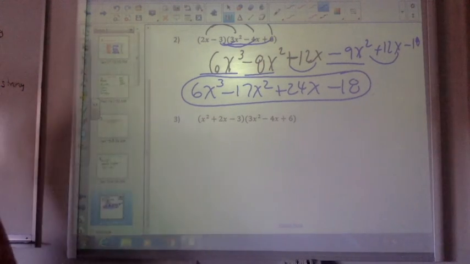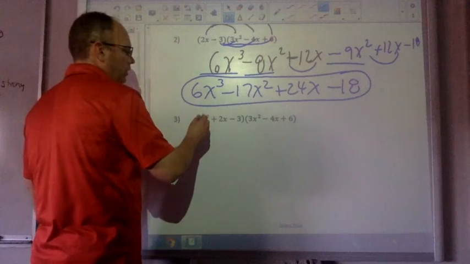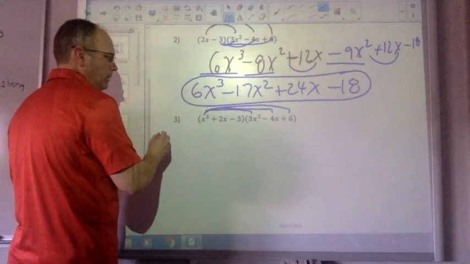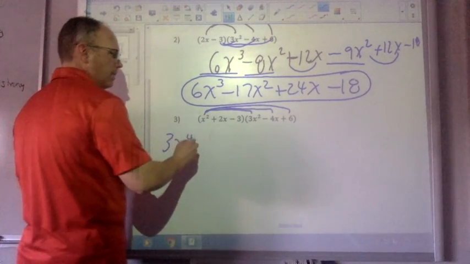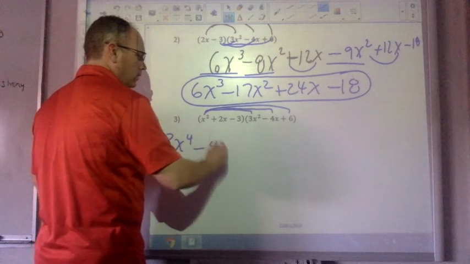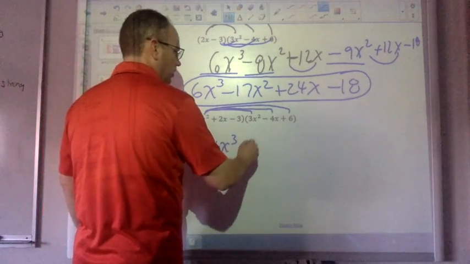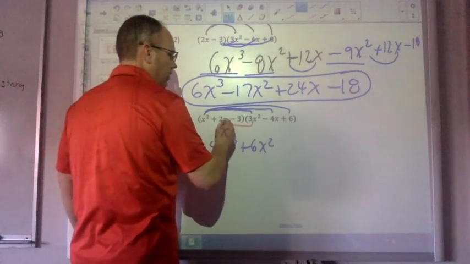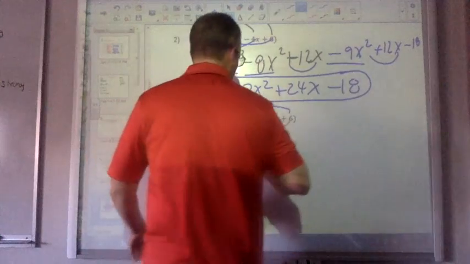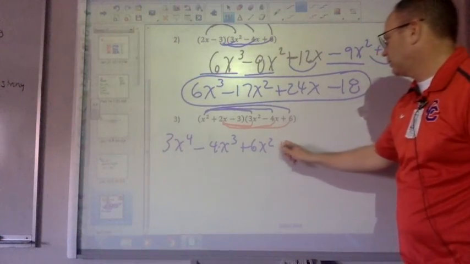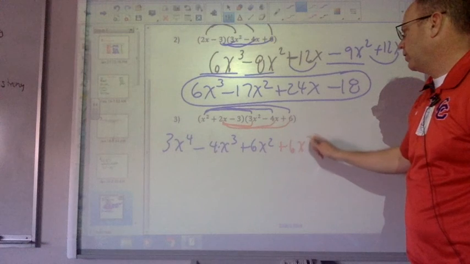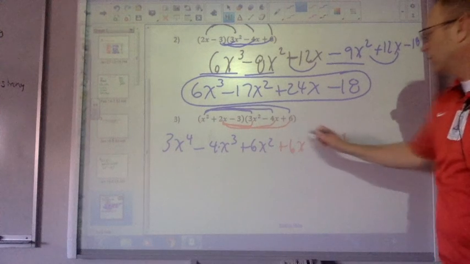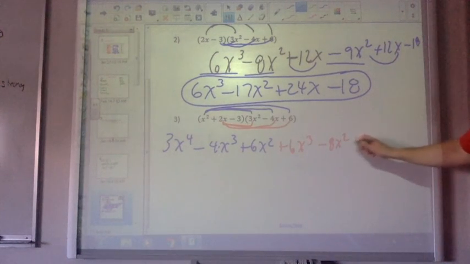Distribute 3 times. My first is here to here, here to here, here to here. So that gives me my 3x to the 4th minus 4x to the 3rd plus 6x squared. Then I'm going to distribute here, here, and here. That's going to give me plus 6x to the 3rd minus 8x squared plus 12x.